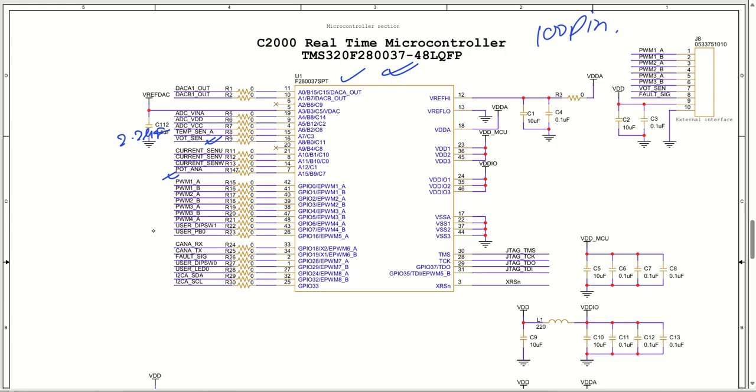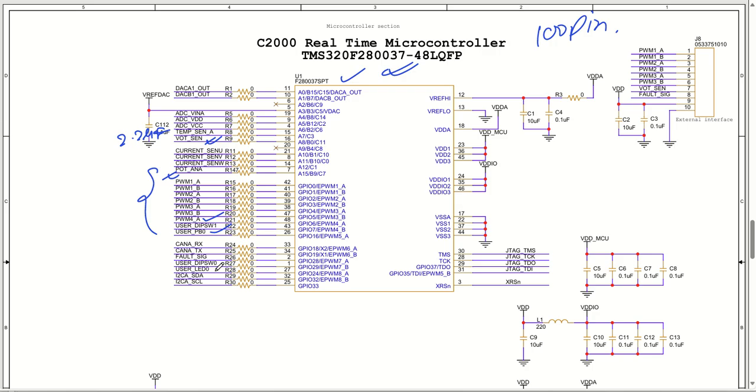Similarly, the 6 PWM signals generated are PWM 1A, 1B, 2A, 2B, 3A, 3B, and 4 is generated just for optional purposes. Then we have two DIP switches for various other applications. We have one push button and two LEDs.